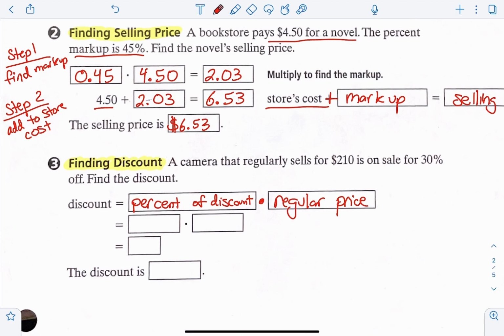Find the discount. So the percent of discount is 30%. I can't put it in as a 30. I need to divide it by 100 first. So then I say 0.30 times the regular price, which they said was $210. So 0.30 times 210 gives me 63. So the discount is going to be $63.